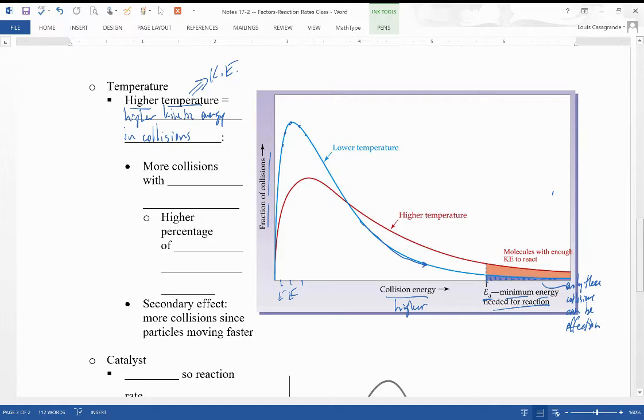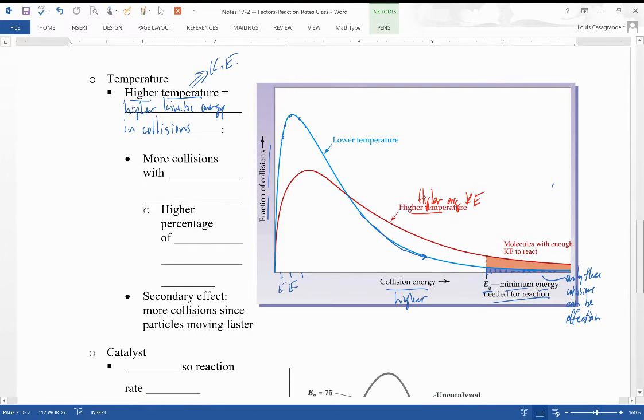When we go to a higher temperature, and let me change over to red, at a higher temperature, something happens. Higher temperature means a higher average kinetic energy. That means we need to shift to higher energies. So the number of collisions that have low energy comes down, but the number of collisions with high energy comes up.